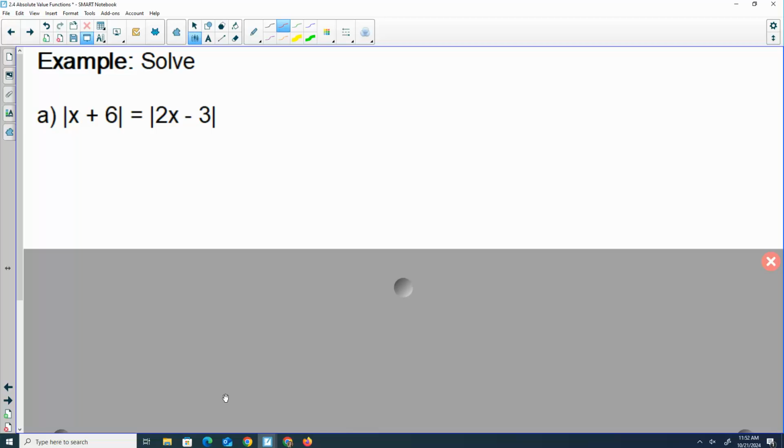If we know the two possibilities are these two things could be equal to each other, or they could be opposites, right? So my two equations, first one we just drop our absolute values, or if they are opposites, you have one equals the opposite of the other.